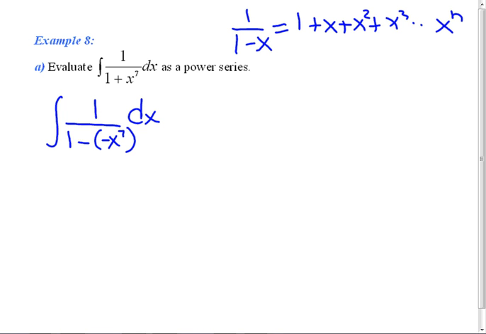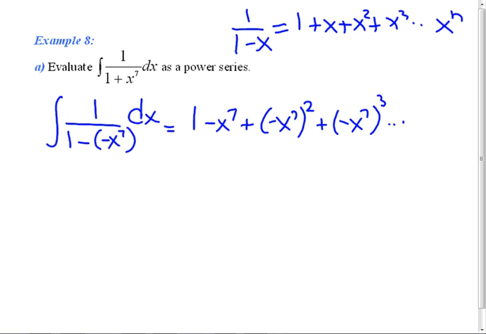In place of x over there, I'm going to put in minus x to the 7th. And then I'm going to integrate this. So it's 1, and in place of x, I'm going to put minus x to the 7th, plus minus x to the 7th squared, plus minus x to the 7th to the 3rd, up to minus x to the 7th to the n. And I can't find the c because I don't have anything on the other side.